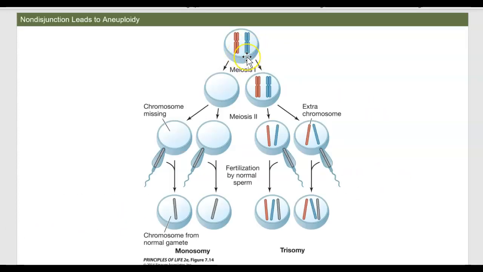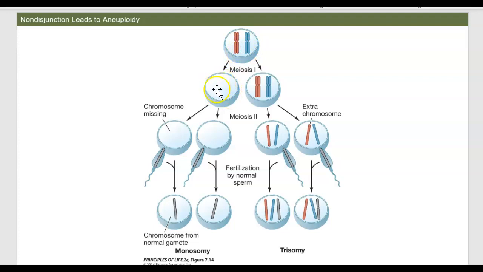So here's meiosis, and you can see what's happening here is that in some cases, we're going to get extra chromosomes, and in this case, this is just following one pair of chromosomes.